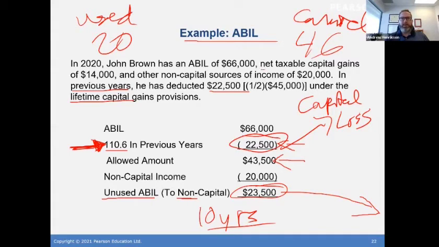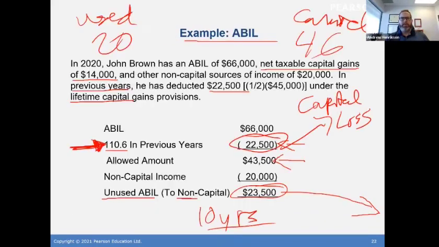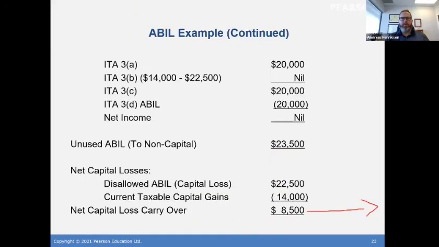There's a second part. We had capital gains. So this 22.5 that we're going to treat as a capital loss, right there, we can absorb the 14 of gains. And then it's actually 8,500 that will carry forward. And our unused ABIL, that's still the 23.5. We're just going to carry that forward.